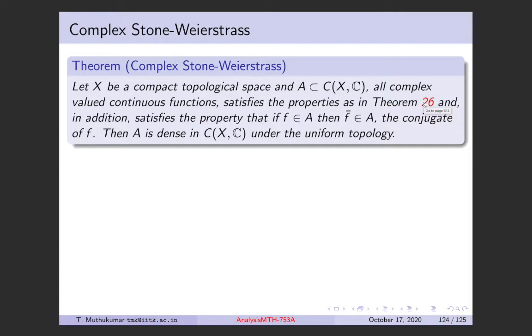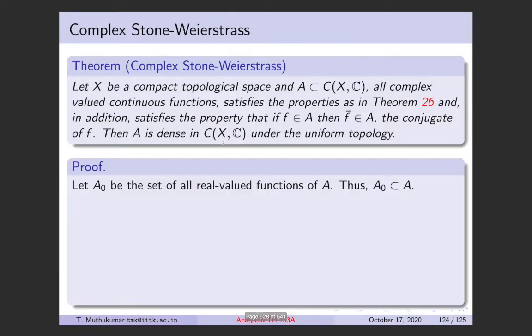In addition you have a fifth condition: because it's a complex function, the set A is also closed under conjugation. If these 5 conditions are satisfied, then A is dense in the space of all complex valued continuous functions on X.